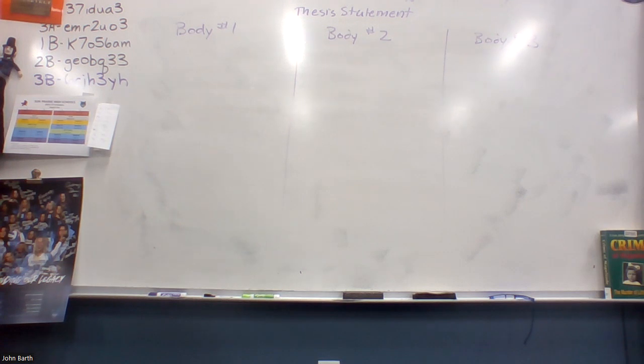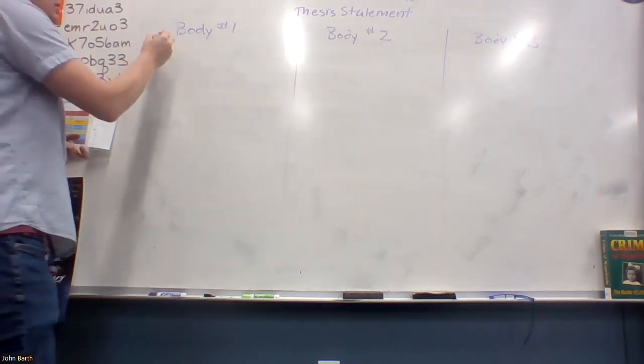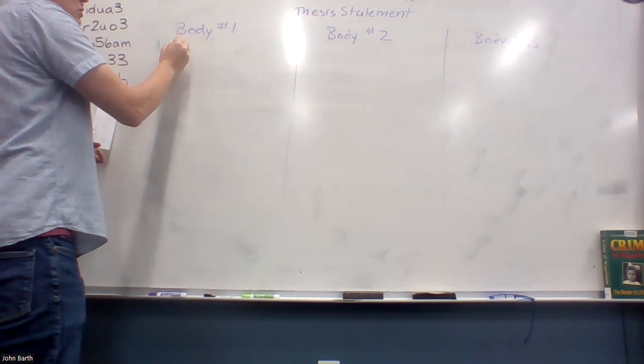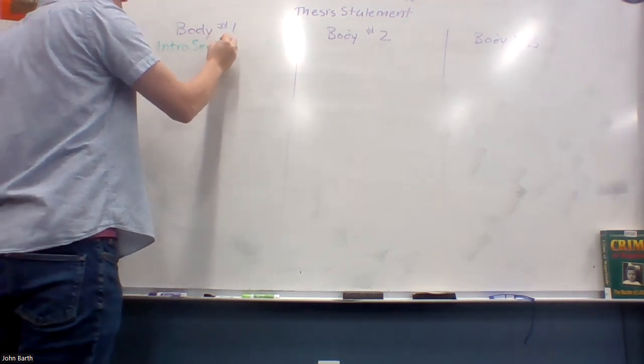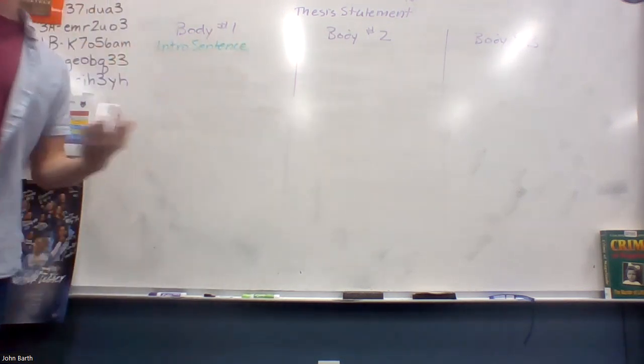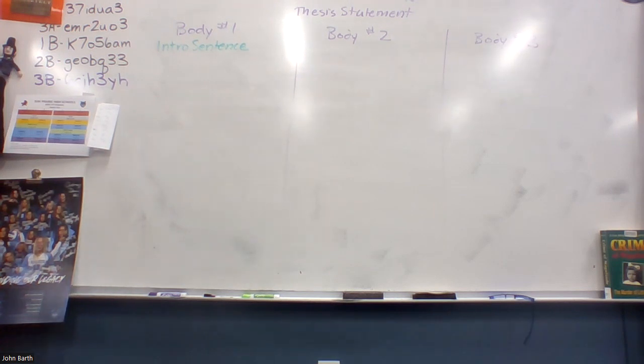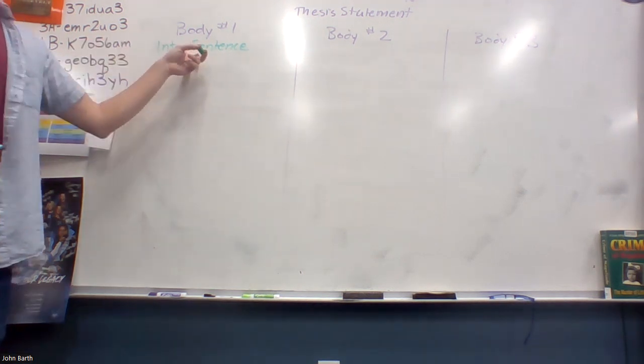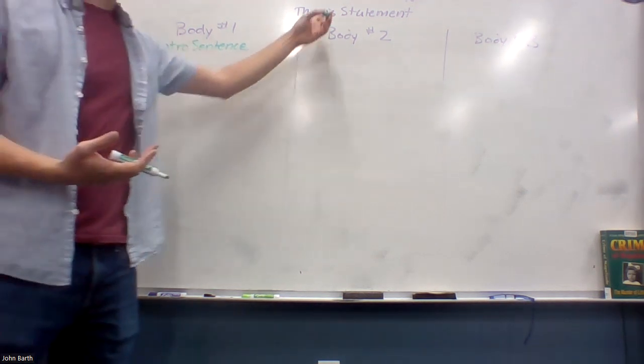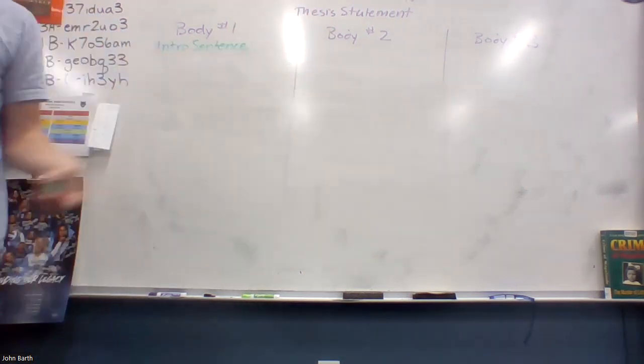Think of the CER. So you have your claim, your intro sentence. This tells the reader exactly what's going to be in that body paragraph. That intro sentence should align with your thesis statement.